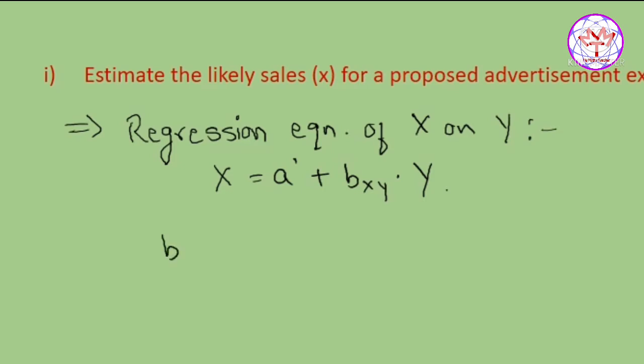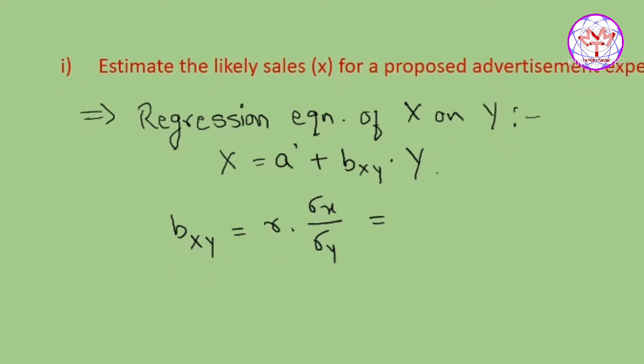Now BXY is equal to R into sigma X upon sigma Y. So let us now substitute the values. R is equal to 0.9 into sigma X is 10 and sigma Y is 1.5.